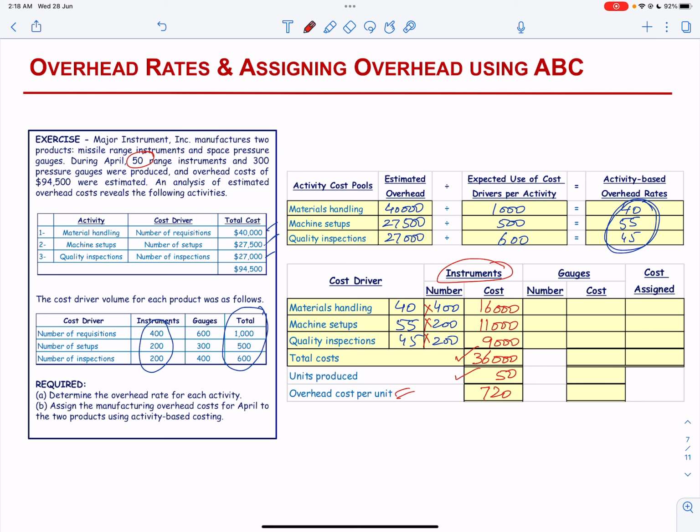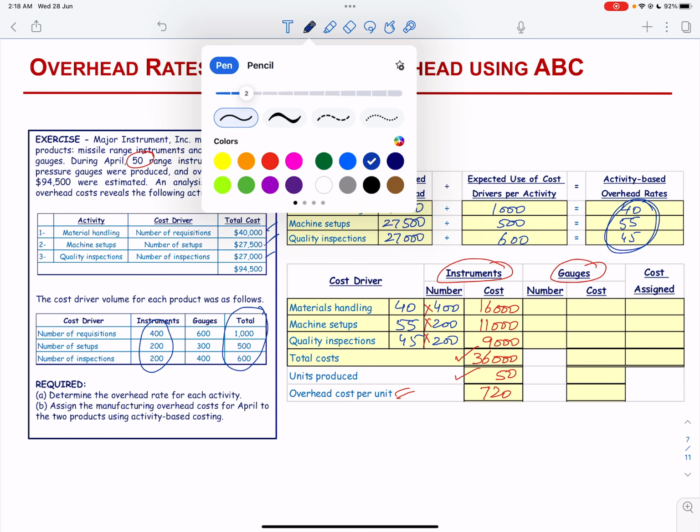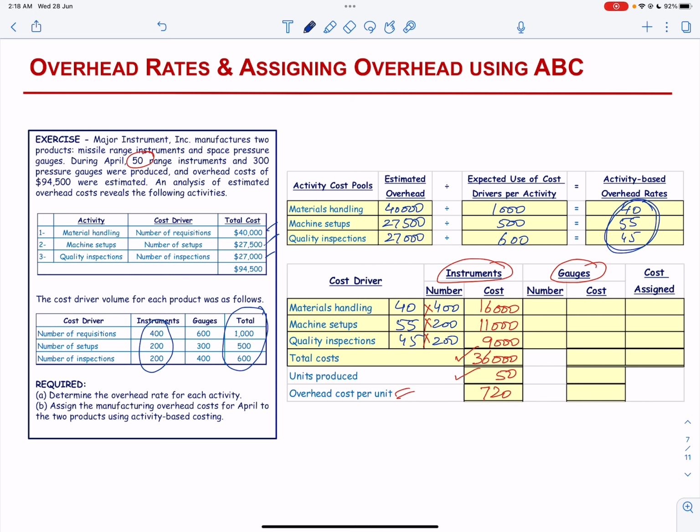Regarding the gauges, we have the numbers for gauges 600, 300 and 400, and the cost, again we will simply multiply by 40, 55 and 45.